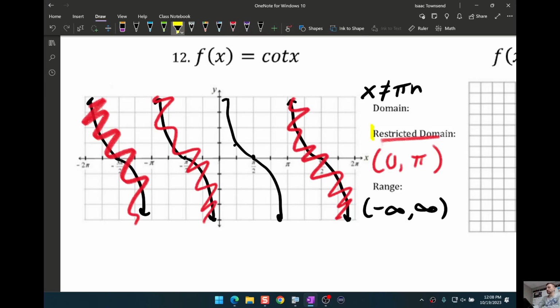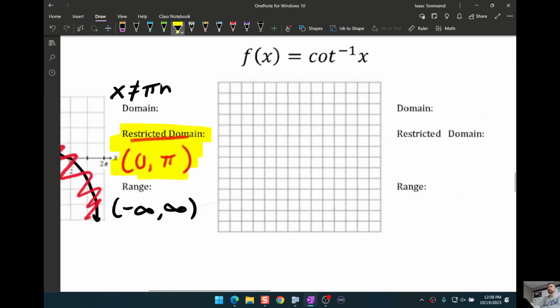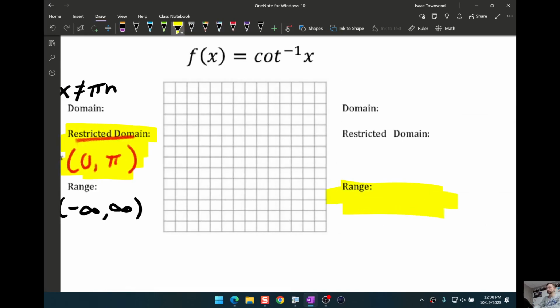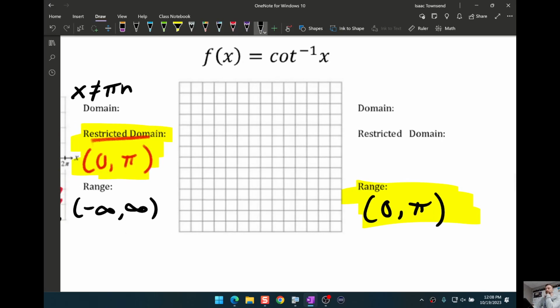This restricted domain becomes the range of its inverse function. Possible x's become possible y's. The range becomes the domain because possible y's become possible x's.